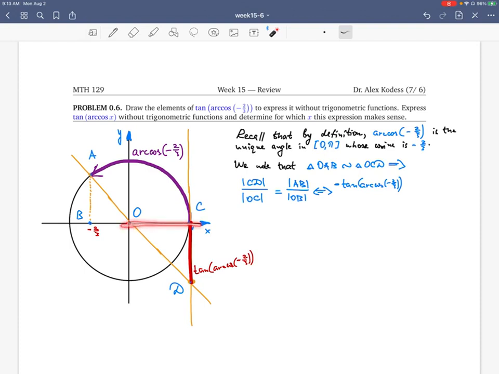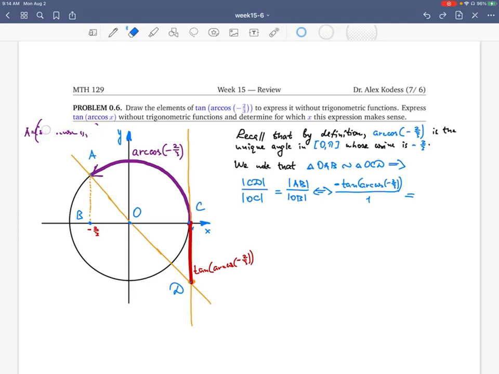OC, of course, is 1, because that's a unit circle. AB here is sine of arc cosine of negative 2/3. In general, the coordinates of this point are sine of arc cosine of negative 2/3, comma negative 2/3.